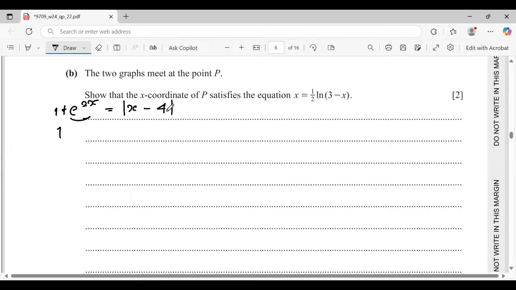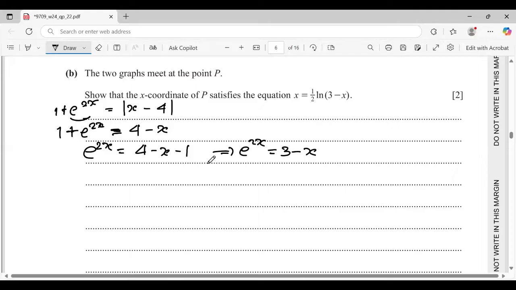So I would write the equation as 1 plus e to the power 2x equals 4 minus x. Then e to the power 2x equals 4 minus x minus 1, so e to the power 2x equals 3 minus x. After that, take natural logarithms of both sides.